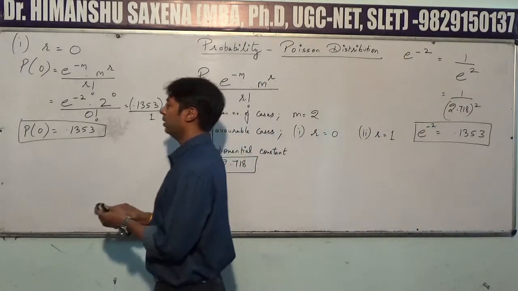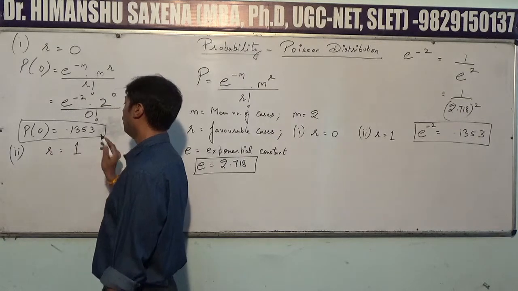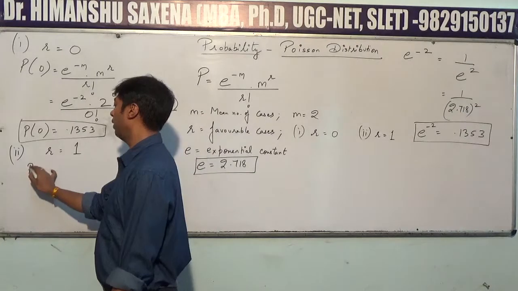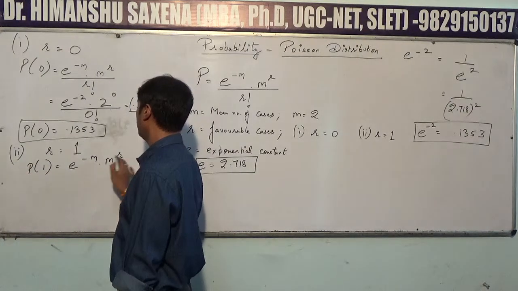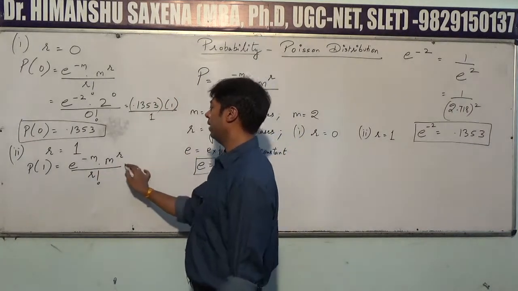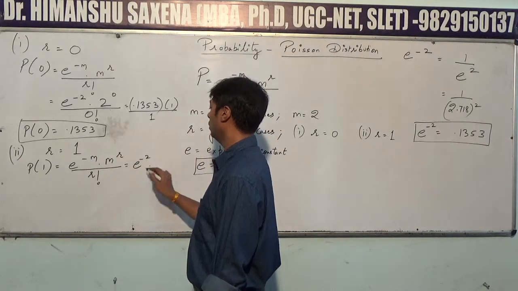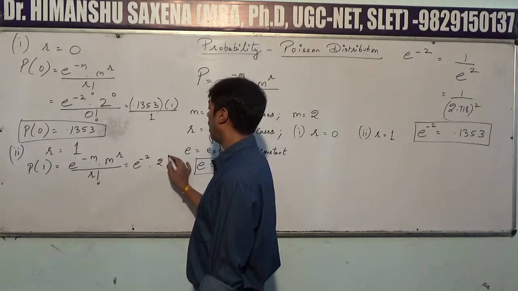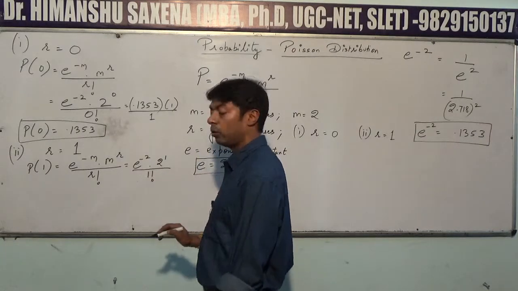Now we move towards the second part. In the second part, the value of r is equal to 1, right? So we'll have to write down the formula once again: e to the power minus m, m to the power r, upon r factorial. Now e to the power minus m will remain the same, with m equal to 2, then 2 raised to the power r, where r is 1, and r factorial is 1 factorial.